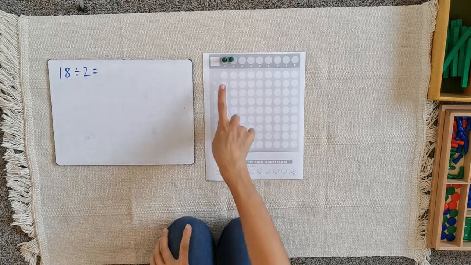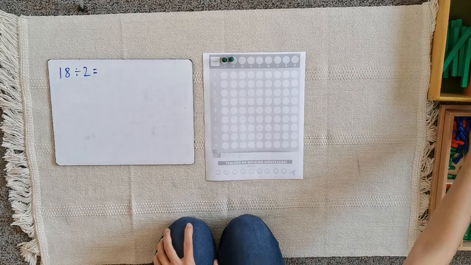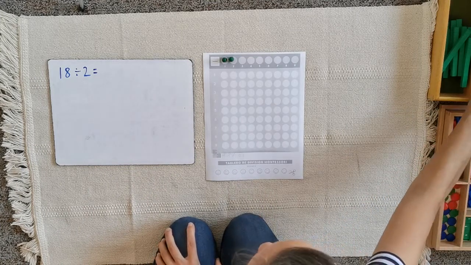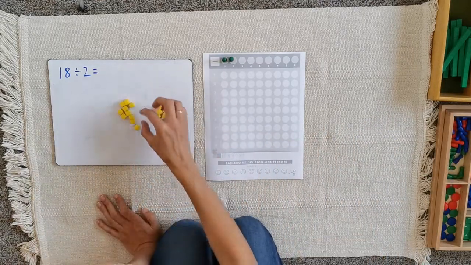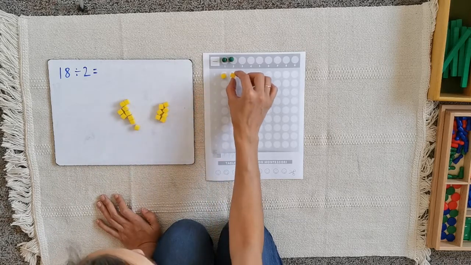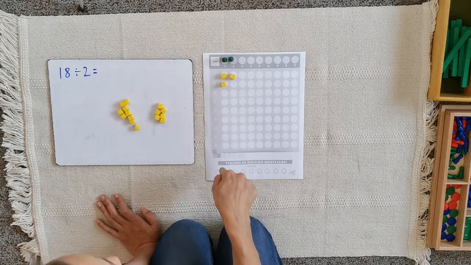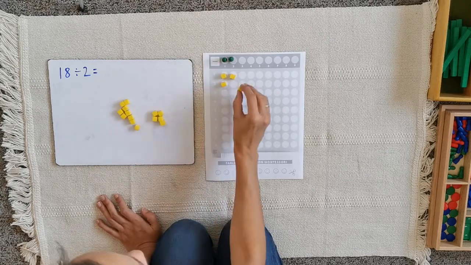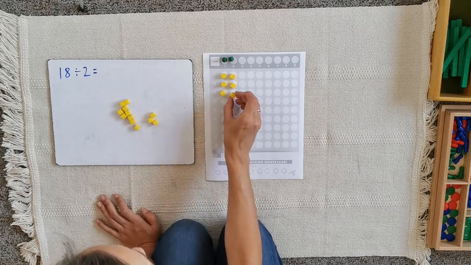Okay, so let's divide 18 into 2. I'm gonna grab 18. And now, let's divide the number literally. One on this column, another one on the other one, and see how many we can put.